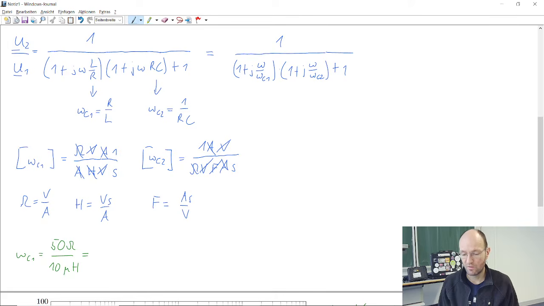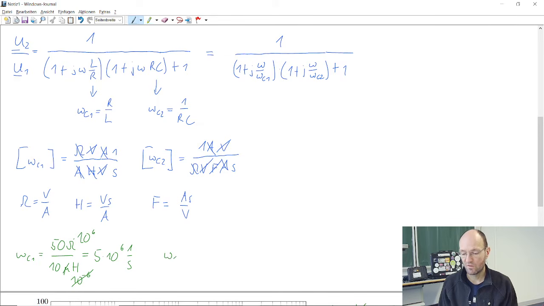And we already checked that the units would be 1/second. Micro is 10 to the power of minus 6. So 10 to the power of minus 6 below the fraction bar can also be written as 10 to the power of 6 above the fraction bar. And then we have 50 divided by 10 is 5. So we get 5 times 10 to the power of 6 1/s.